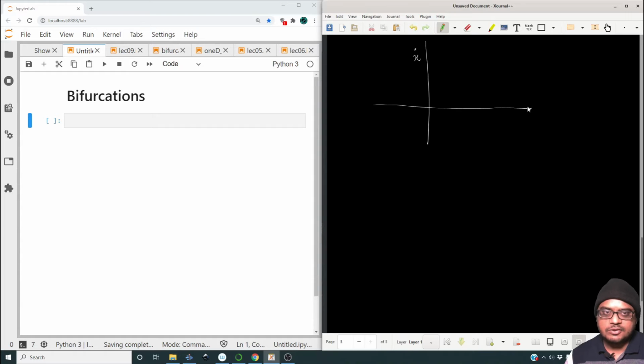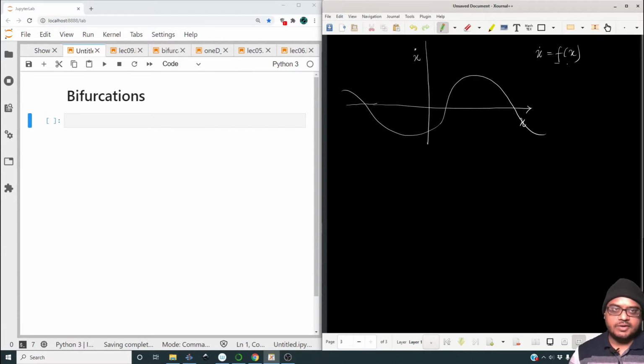So we have an equation x dot as some function of x, and that curve looks something like this, for example. Wherever the curve f(x) crosses 0, those are our fixed points.